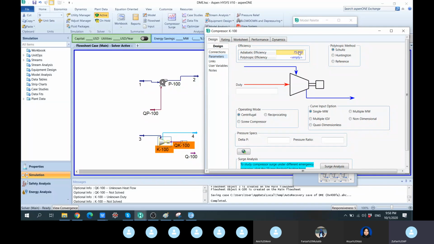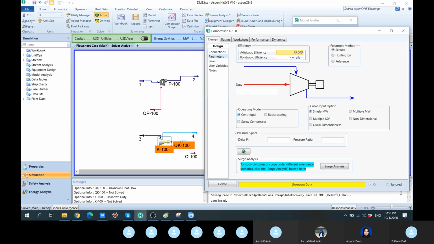Efficiency is automatically 75%, in this case adiabatic efficiency. You could also put polytropic efficiency, and you could spec another delta P or pressure ratio. In this case, just put pressure ratio.